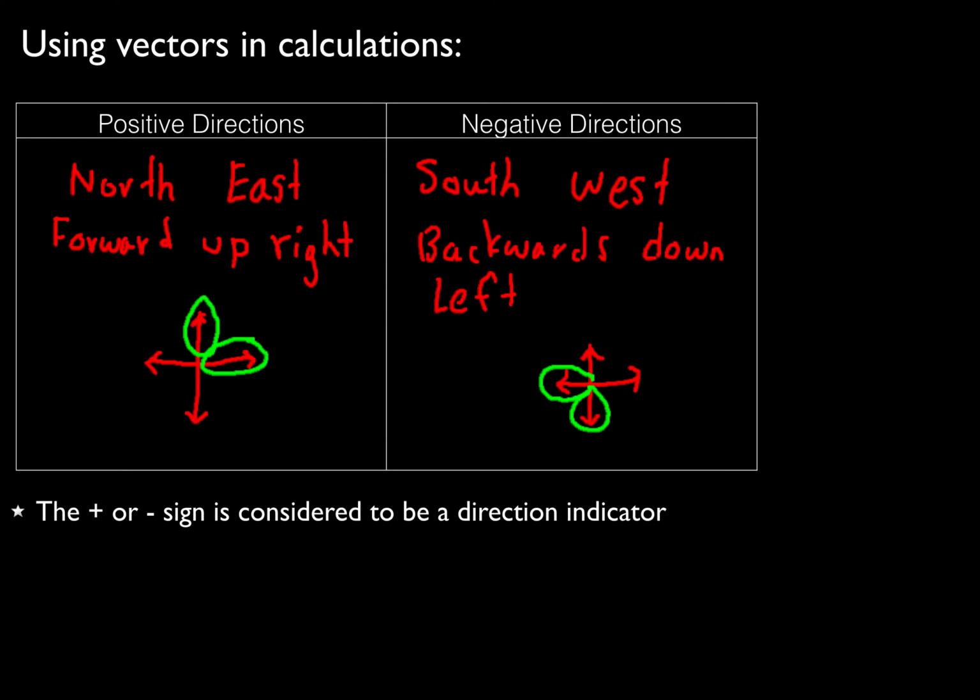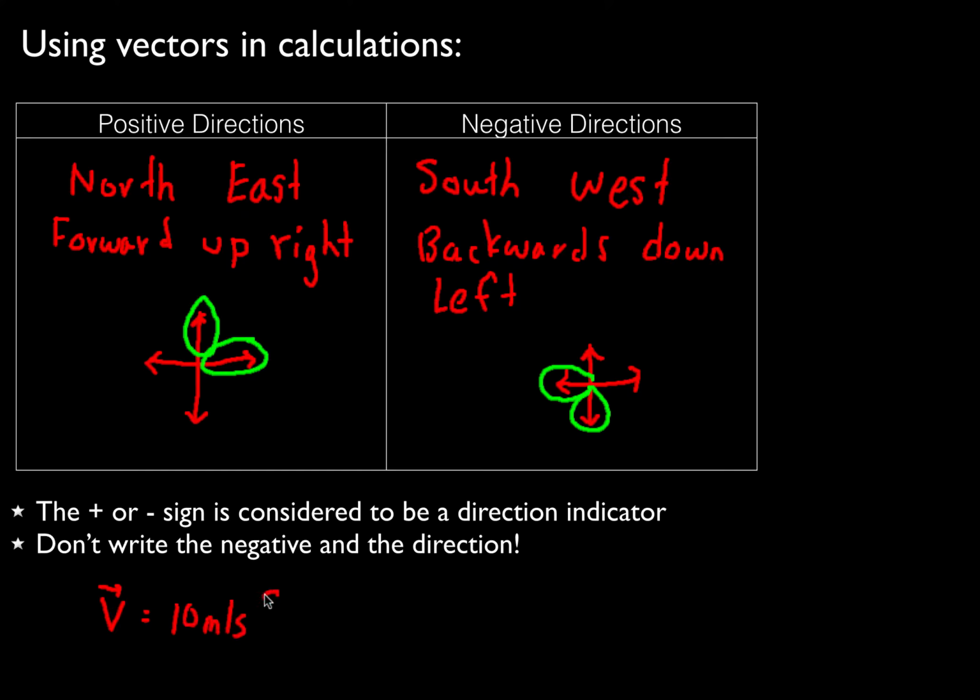Now, the plus or minus sign is considered to be a direction indicator. Don't write the negative and the direction. You would write velocity equals 10 meters per second west, or velocity equals 10 meters per second negative.